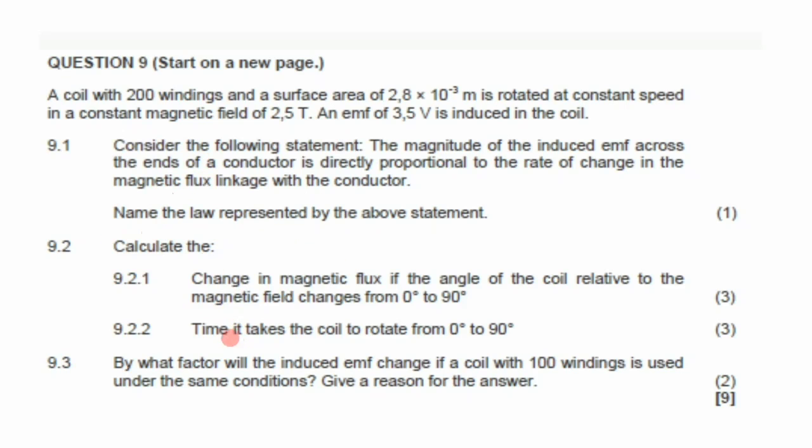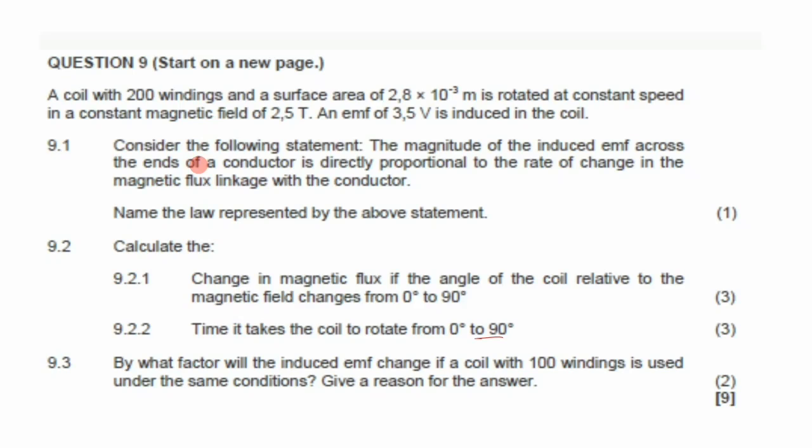9.2.2 says calculate the time it takes the coil to rotate from 0 degrees to 90 degrees. Having to calculate the time, we know the only formula that includes time is the one to calculate the induced EMF. Reading our statement again, we've been given an EMF of 3.5 volts, and we have 200 windings.